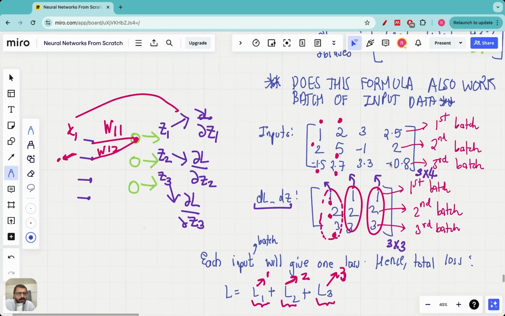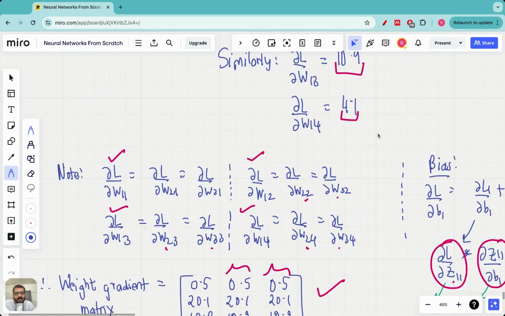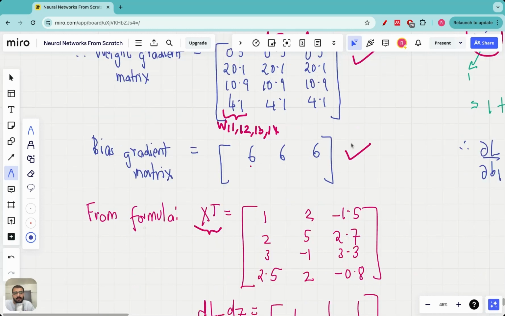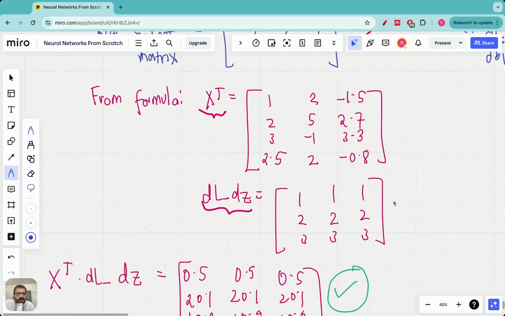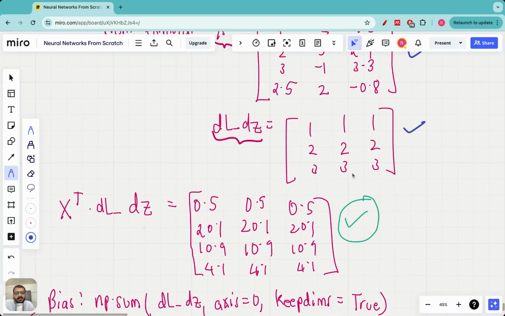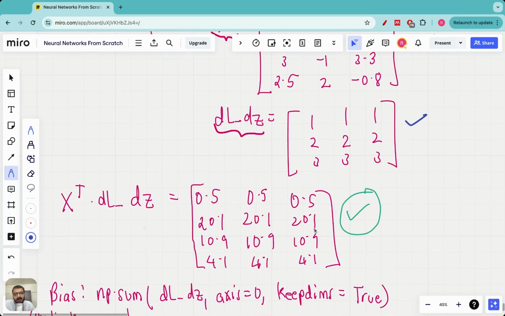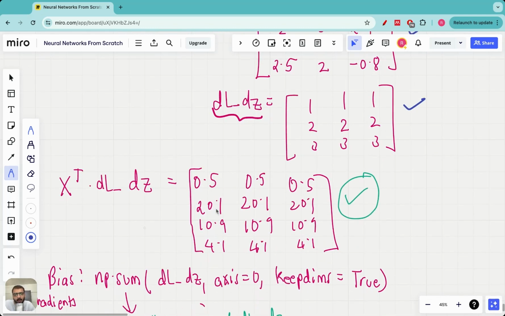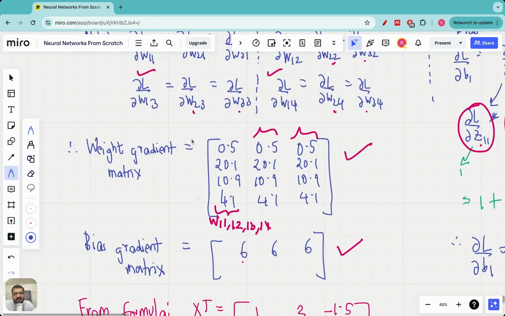We just take the transpose of x and we multiply with the dl dz matrix which was already defined. So if you do this calculation, you will get the final matrix as 0.5, 20.1, 10.9, 4.1, and these columns will be repeated. And if you see, this is exactly the same matrix which we obtained through our manual calculations.